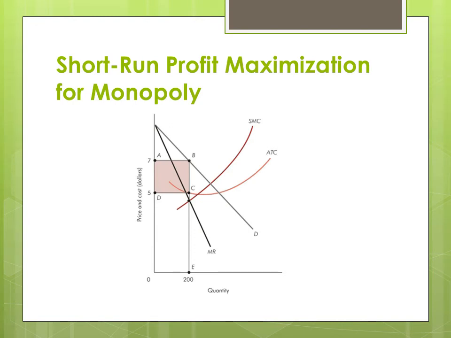Look at this diagram. On the x-axis we are taking quantity of a good and on the y-axis we are taking price. Here marginal revenue and average revenue curves are linear and both are downward sloping.